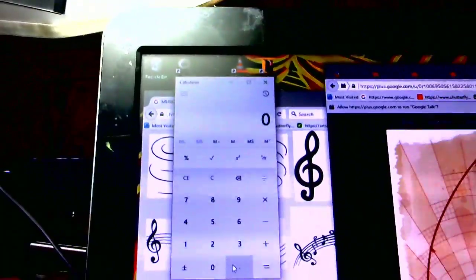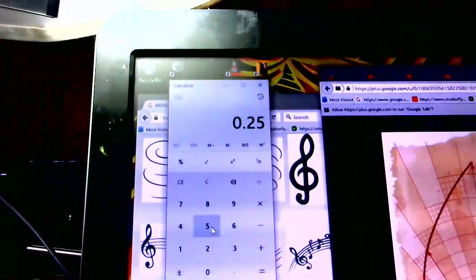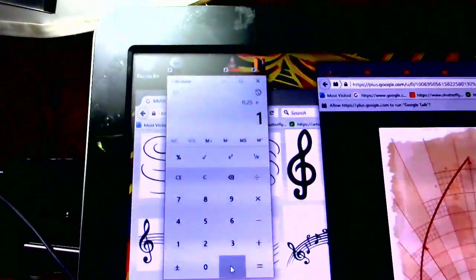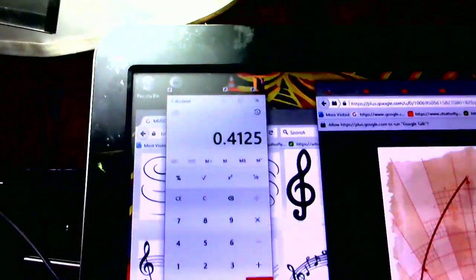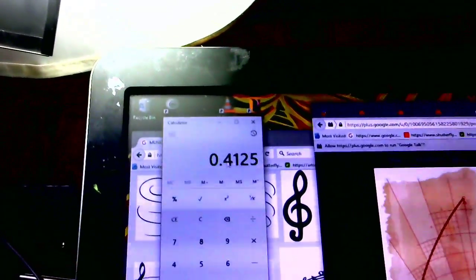You see, the difference is in 0.25, okay, times the same number, 1.65 equals to 41, which means I only brought it up 25 to 41.